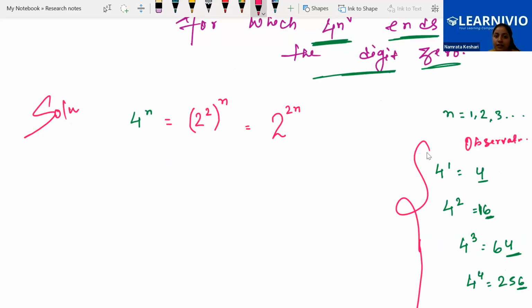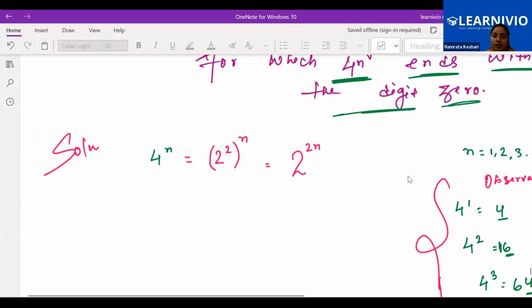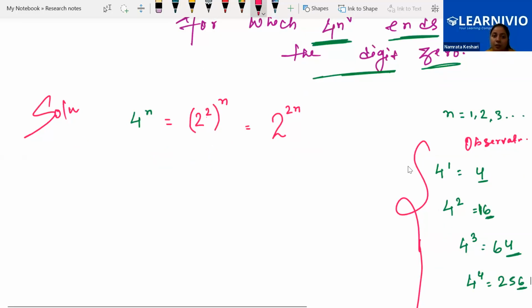We have to multiply the exponents. So 4 to the power n can be written as 2 to the power 2n. Clear so far? Yes, ma'am. Okay.